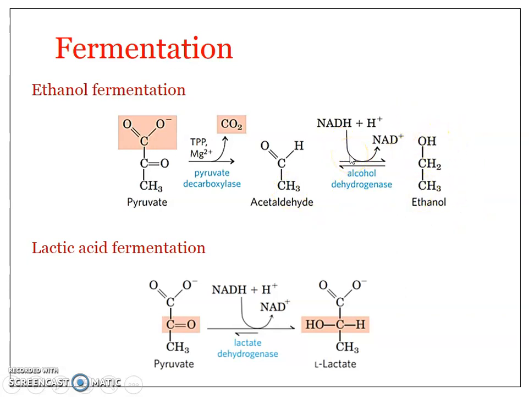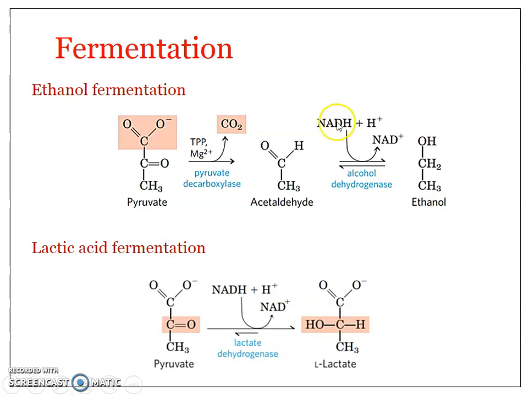I hope you remember that during glycolysis, the glyceraldehyde 3-phosphate undergoes oxidation and phosphorylation. During that process, NAD plus was used up for the production of NADH, and that NADH will come over here and act as a reducing agent, giving back the NAD plus, which can be used for the glycolytic pathway to be continued.